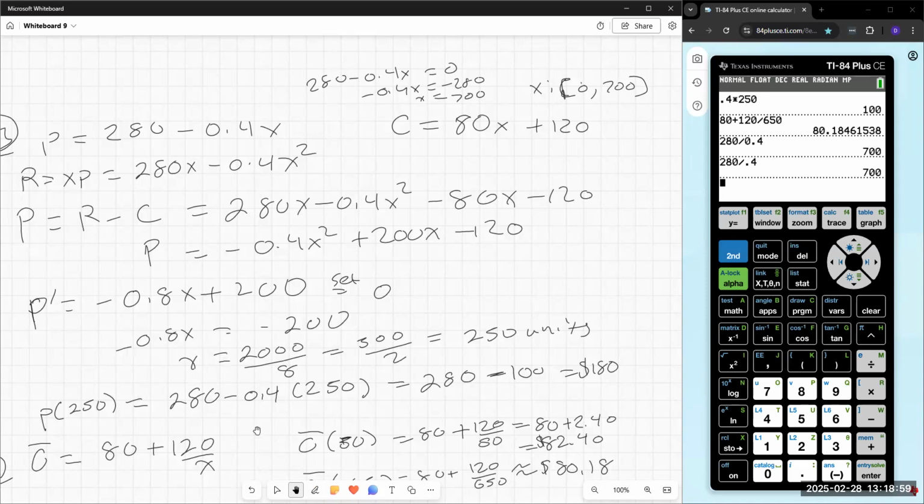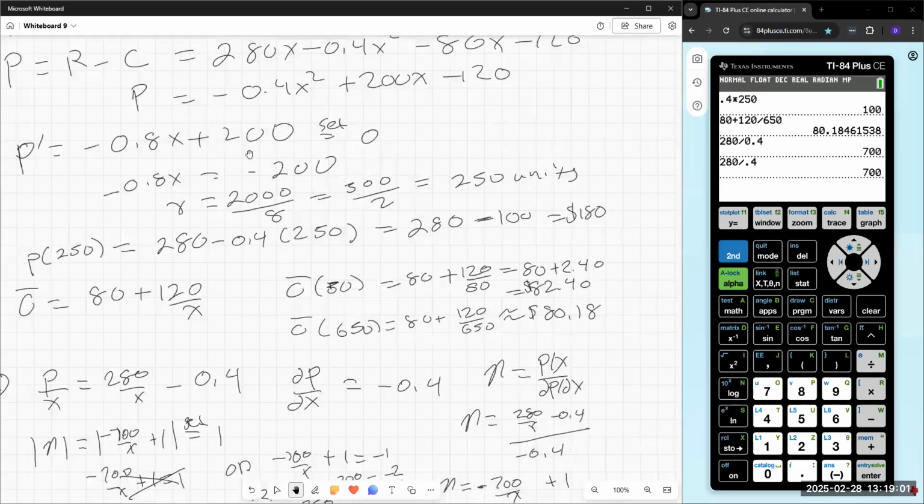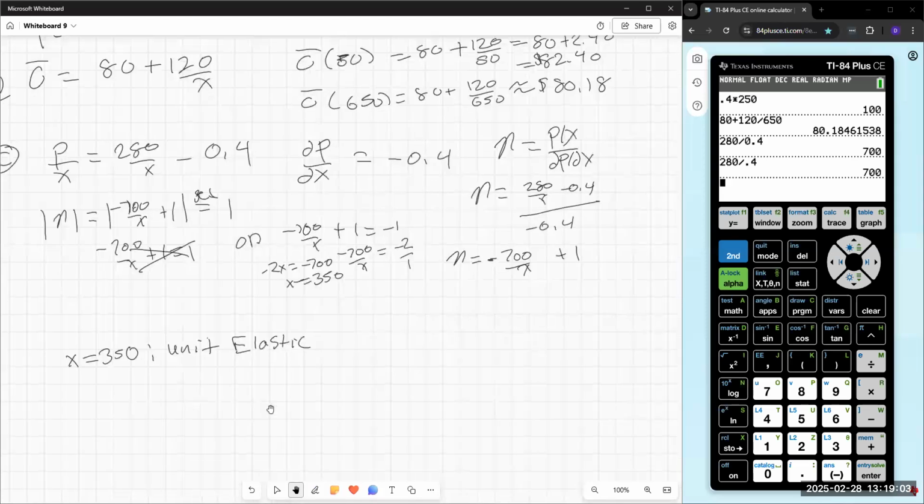And so 0 to 350 will be an elastic situation, and 350 to 700 will be an inelastic situation.